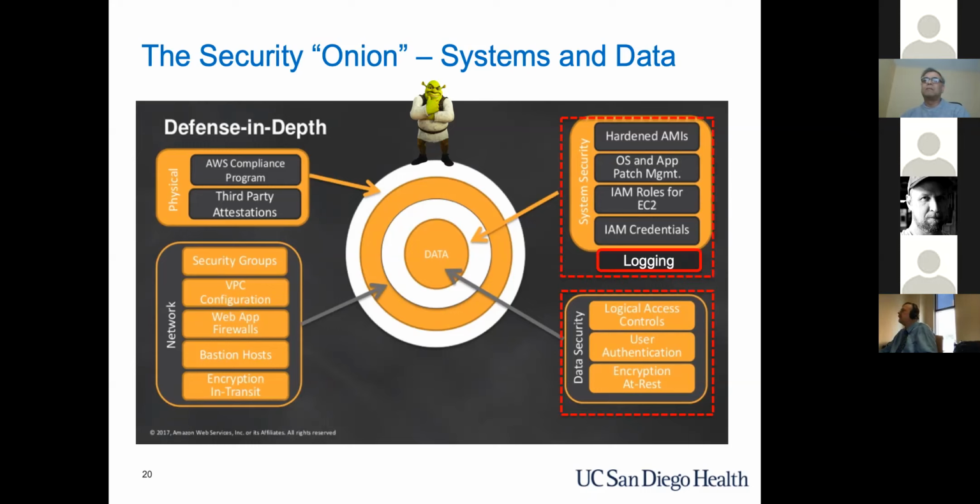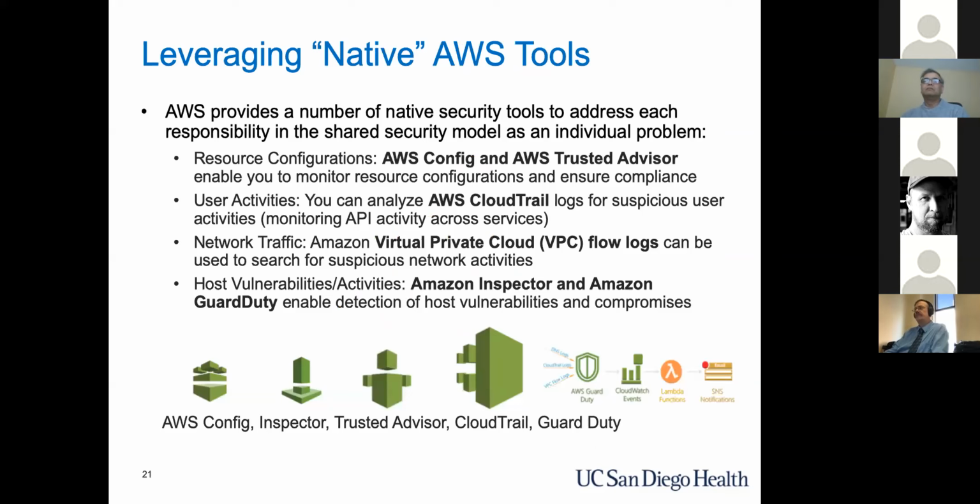I hope that sort of answers it. Oh, sorry, my chat just caught up, so I just saw that question. I'm going to go through some of the AMI hardening, patching, the IAM roles for EC2, logging, logical access controls, user authentication, etc., as well as the encryption at rest, which is part of our AMI hardening process.